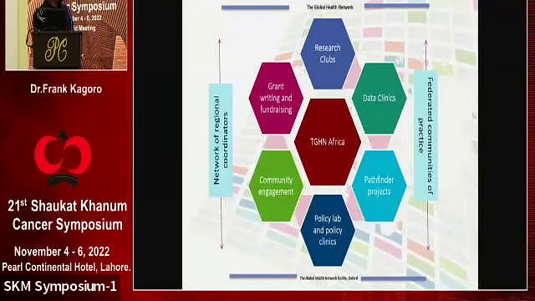So through research clubs or data clinics, all these Pathfinder projects, we can translate the knowledge that we have to train more people. And it's not enough. We don't only want to do research. We want to inform policy and be able to impact our communities. So we are also working to establish what we call policy labs or policy clinics, where you come with your proposal. Maybe you didn't think of how you would transform it to policy.